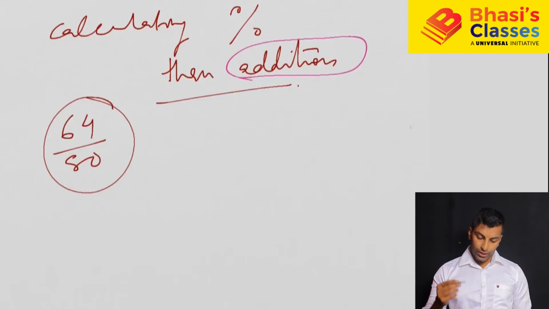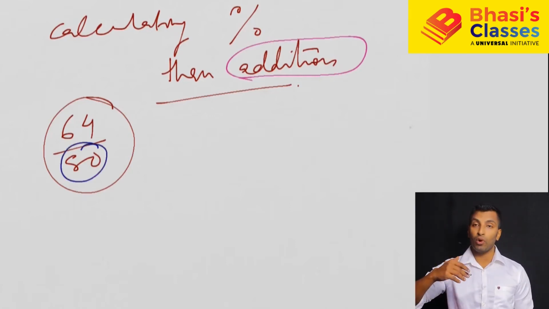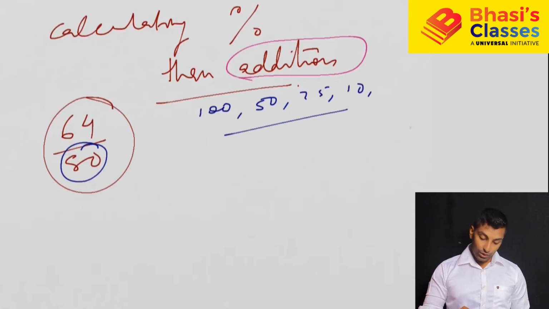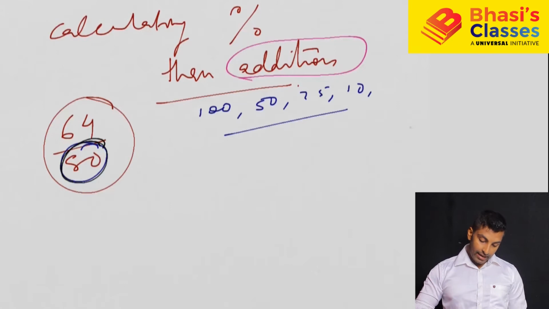What you'll do is try to reduce it into 100%, 50%, 25%, 10%, like this. What is 50% of 80? 40. So 64 you can write as 40 plus 24.